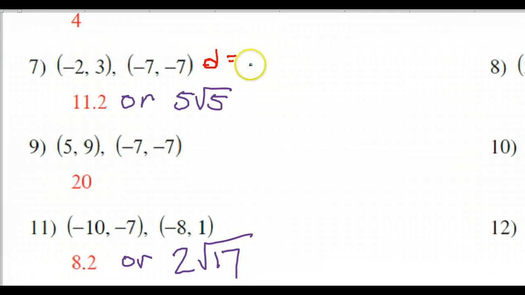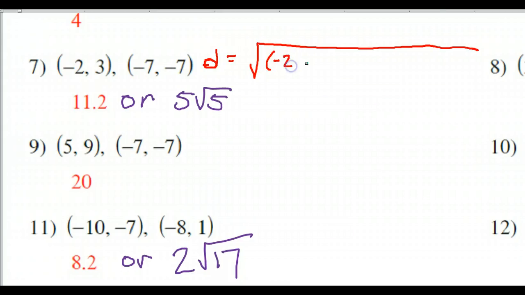Okay, so for number 7, the setup should be x minus x, so -2 plus 7 squared. Now y minus y, so 3 plus 7. Do you understand why I'm putting plus 7?